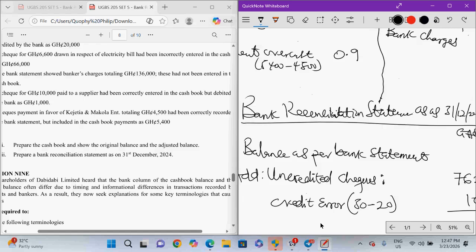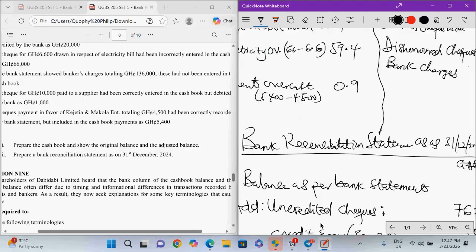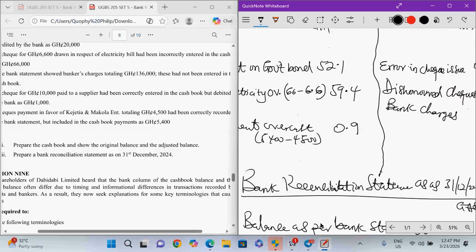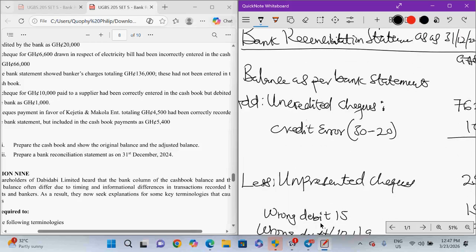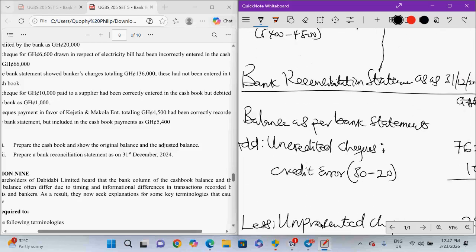So now this is the balance as per adjusted cash book. If you are having a balance as per adjusted cash book, and the balance is a negative balance, where would the BD be?